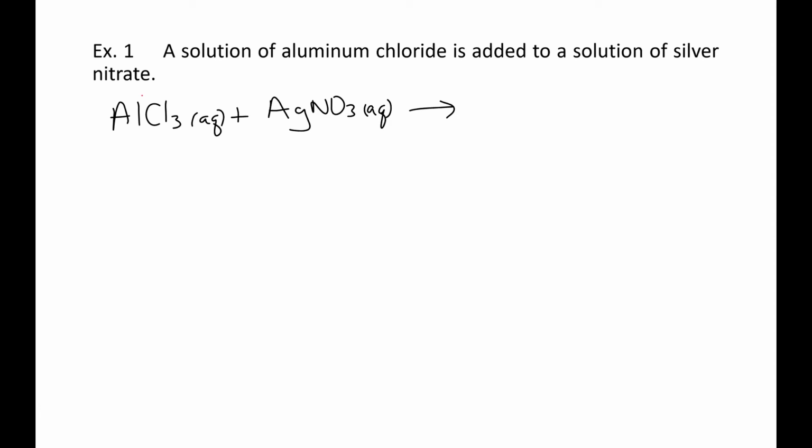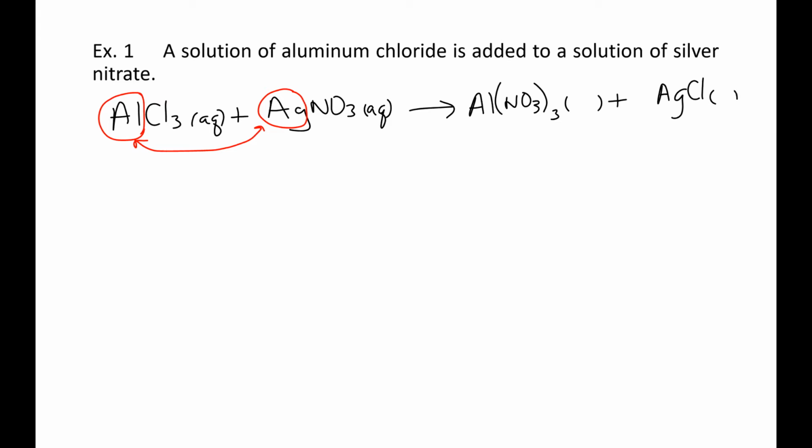Right now, we know that aluminum and silver are the ones that are going to change places. Okay, so our products are going to be aluminum nitrate, or at least we hope they're going to be aluminum nitrate. And I'm going to leave room for the states, and silver chloride, AgCl.